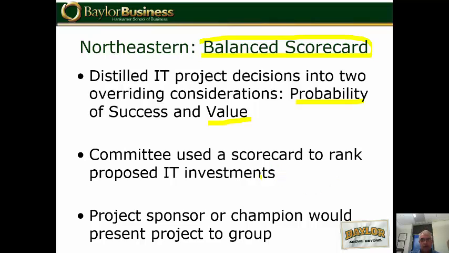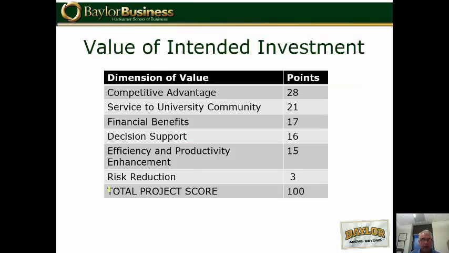And so they used a scorecard to rank proposed IT investments. The project champion or sponsor would present to the group, a steering committee, which goes back to our discussion of IT governance, and then they would rank the project. They just allocate scores.